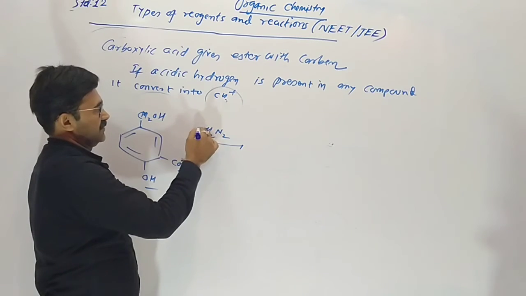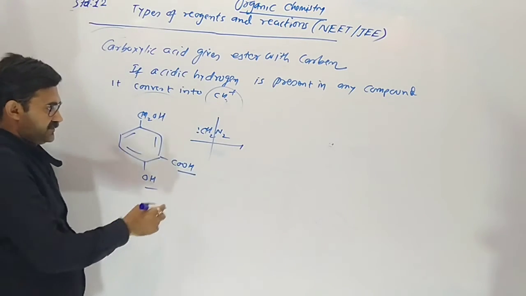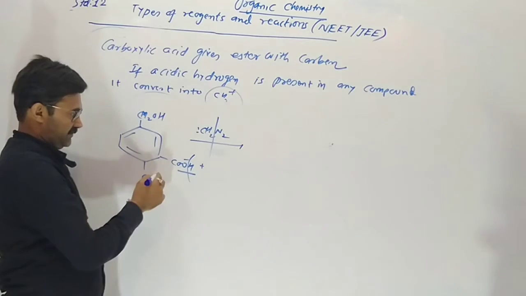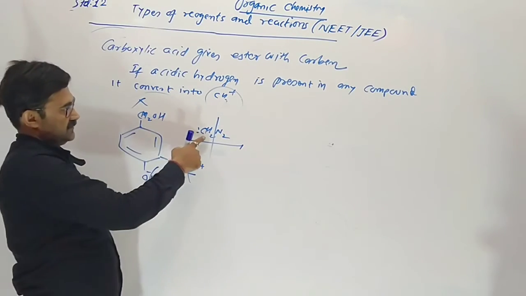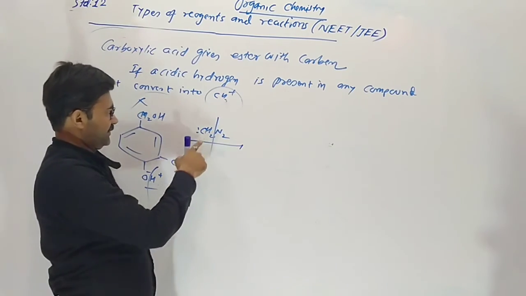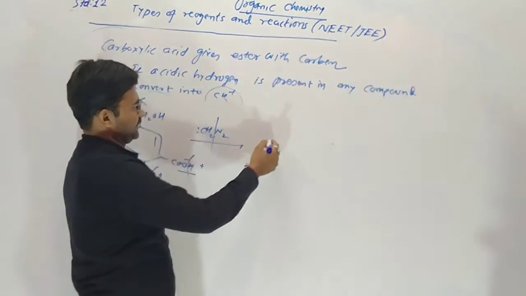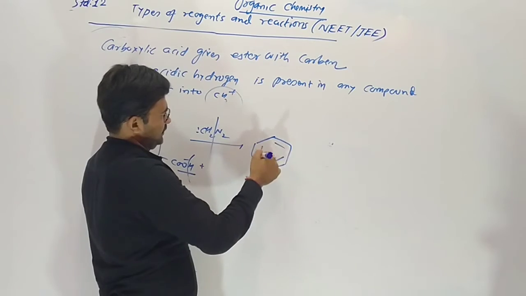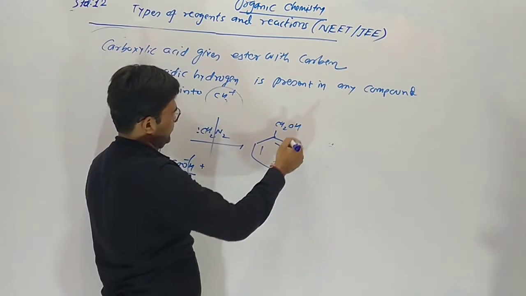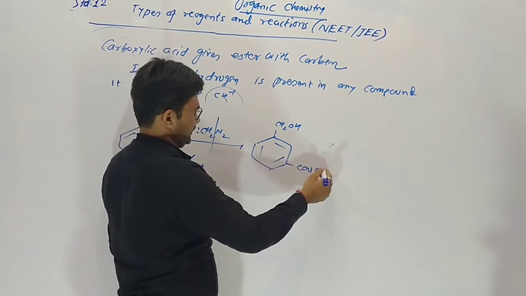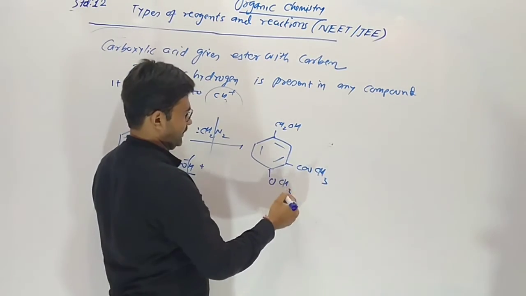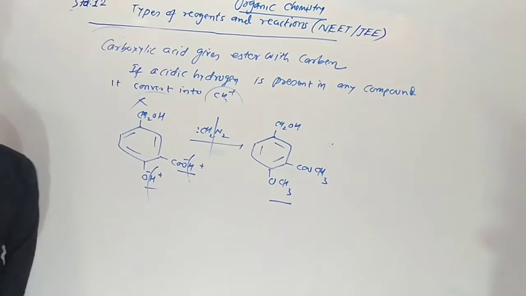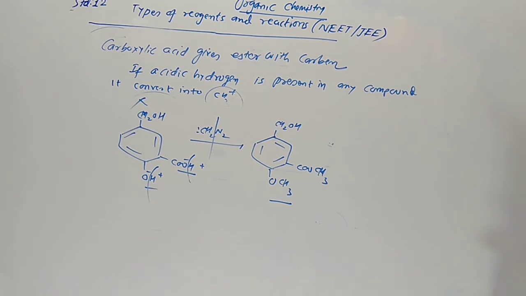H plus is removed from here and from here, not from here. Carbon with H plus gives CH3. So here CH2OH, COOCH3, and here OCH3 occurs. This is our product.